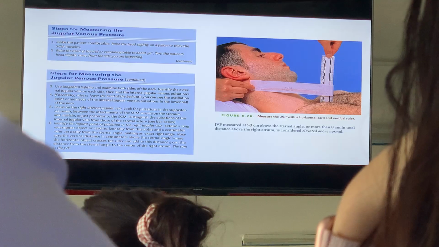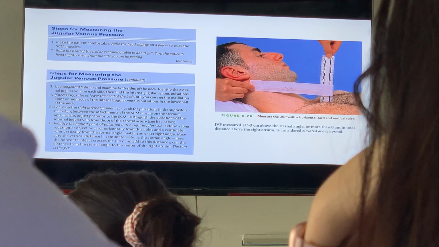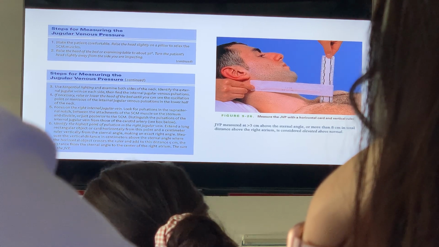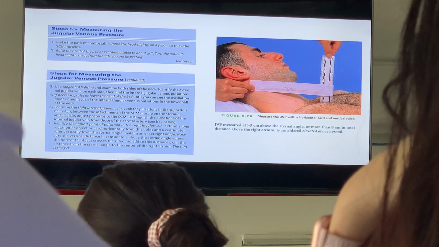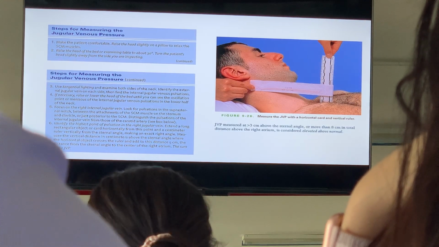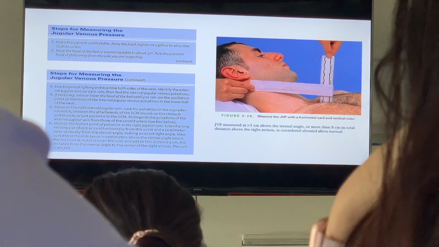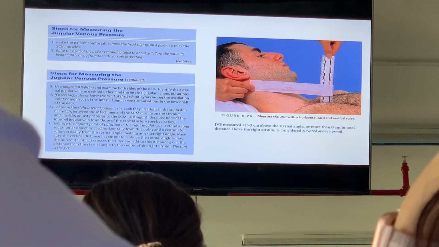Then you ask the patient to turn to the left side so that the right side of the sternocleidomastoid area can be exposed. Once you see the pulsation, you measure it using your ruler. You put a perpendicular ruler at the sternal angle. You know where the sternal angle is, right?